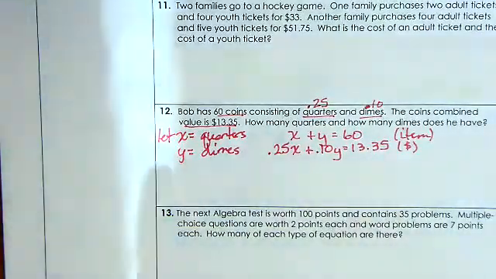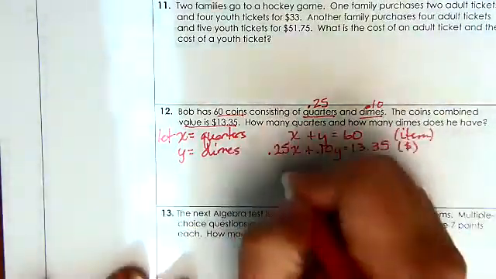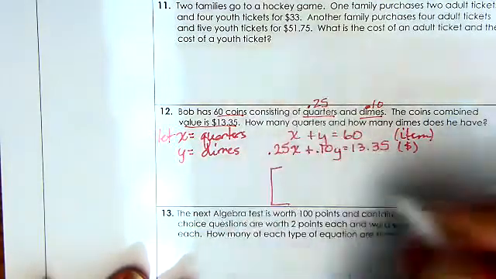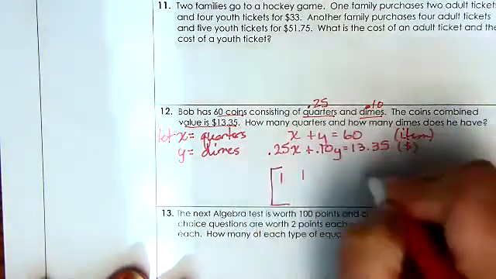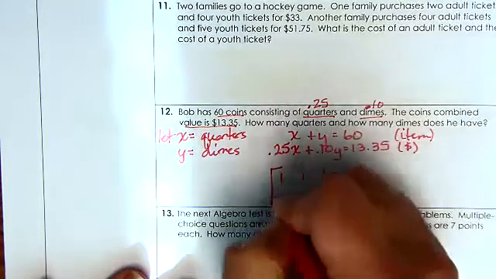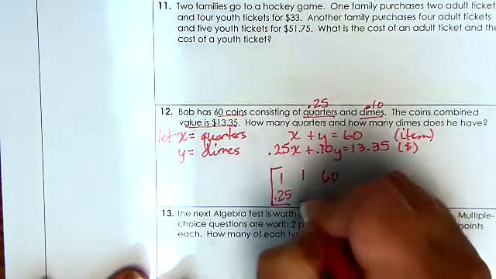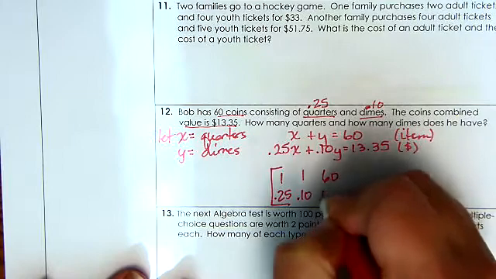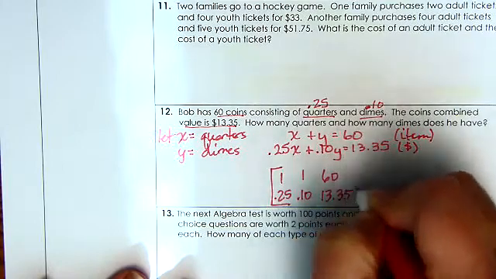All right, now I can write a system. I mean a matrix. That's the system already written. So I'm going to have 1, 1, 60, 0.25, 0.10, 1335.